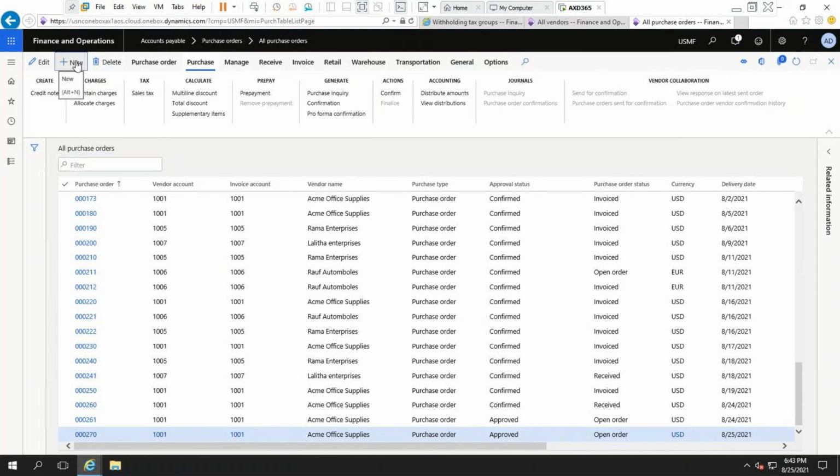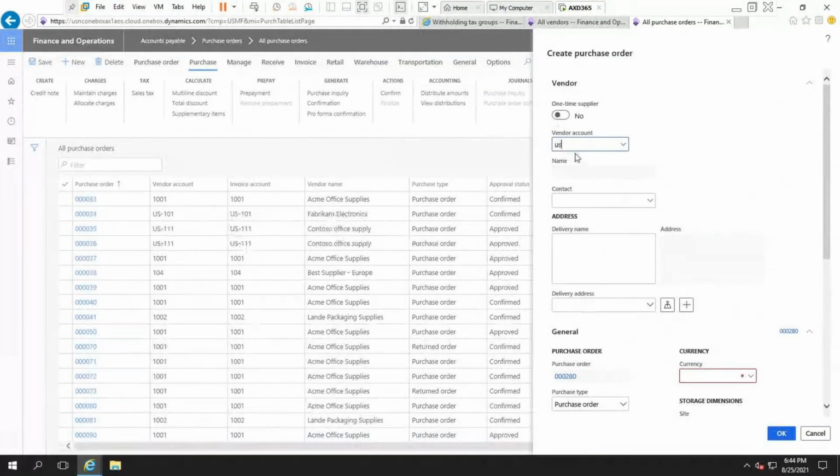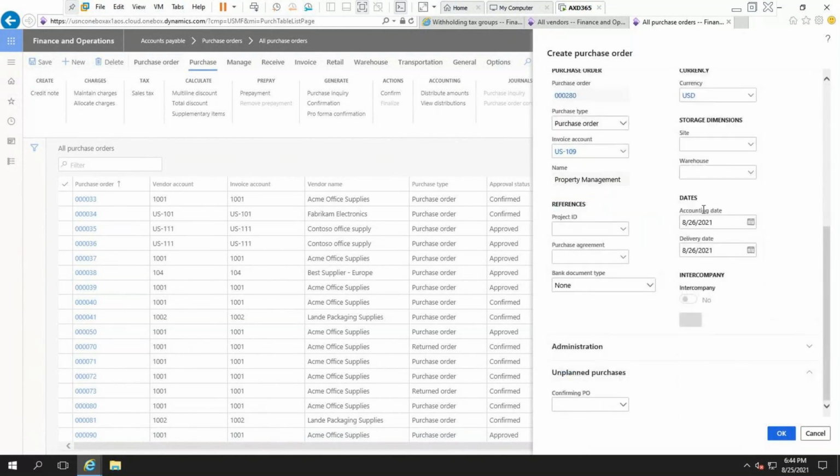I'm creating a new purchase order for US 109 property management. I'm selecting site and warehouse.